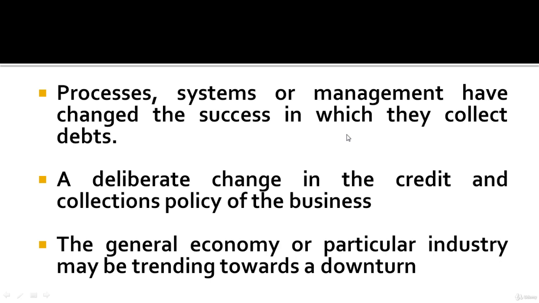The first, under internal control, is that new processes, systems, and/or management have changed the success with which they collect debts. If the accounts receivable turnover increases, then the accounts receivable and collections team have become better at achieving a core function.